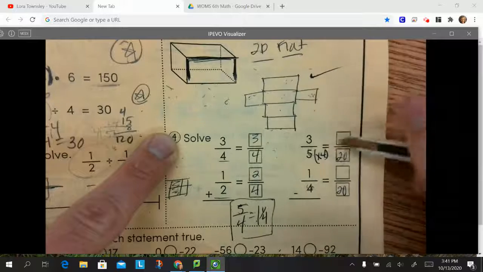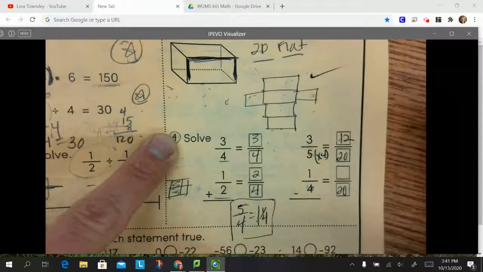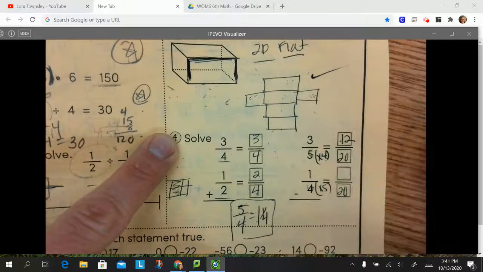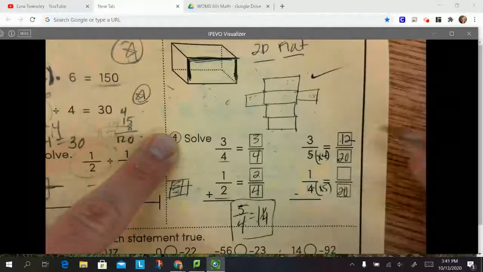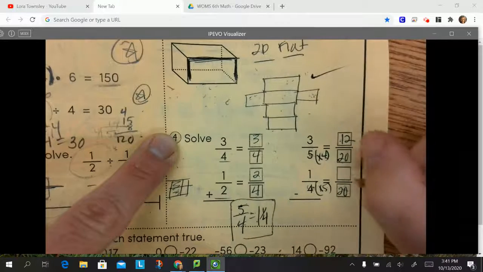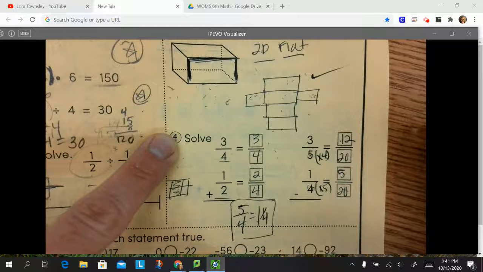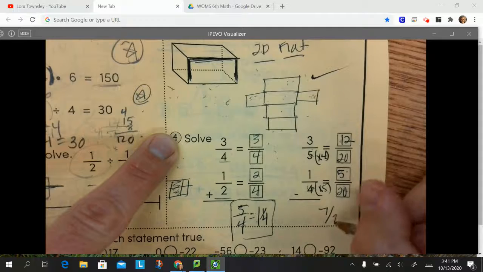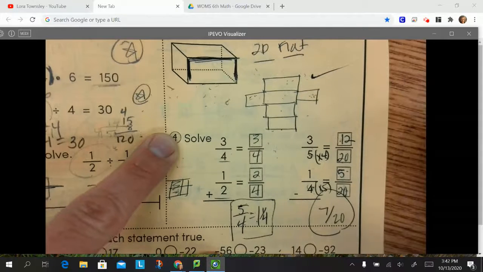So I need to multiply with 4 up here. It's 12. To get to 20 down here, I had to multiply by 5. Okay? 4 times 5 is 20. 1 times 5 is 5. Okay? 12 minus 5 is 7. Keep your denominator. You have 7/20.